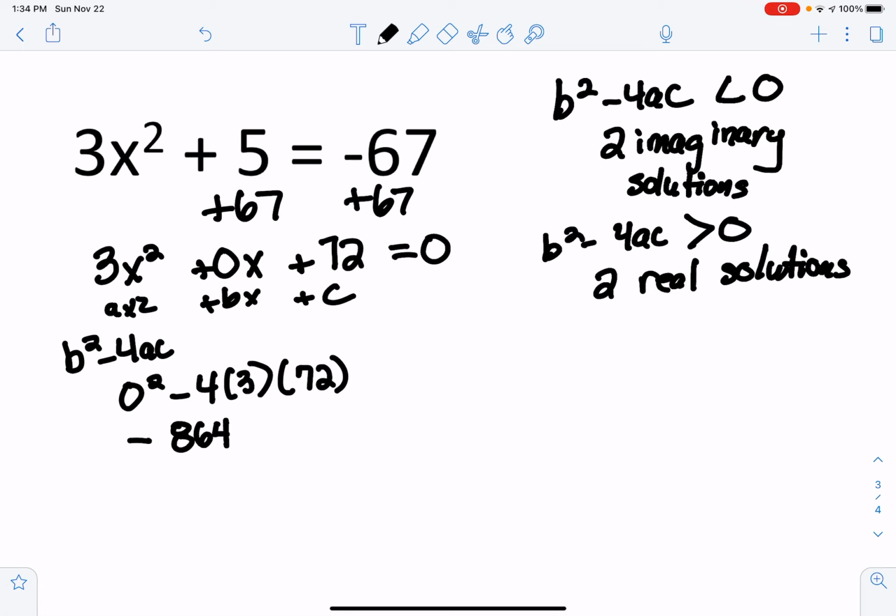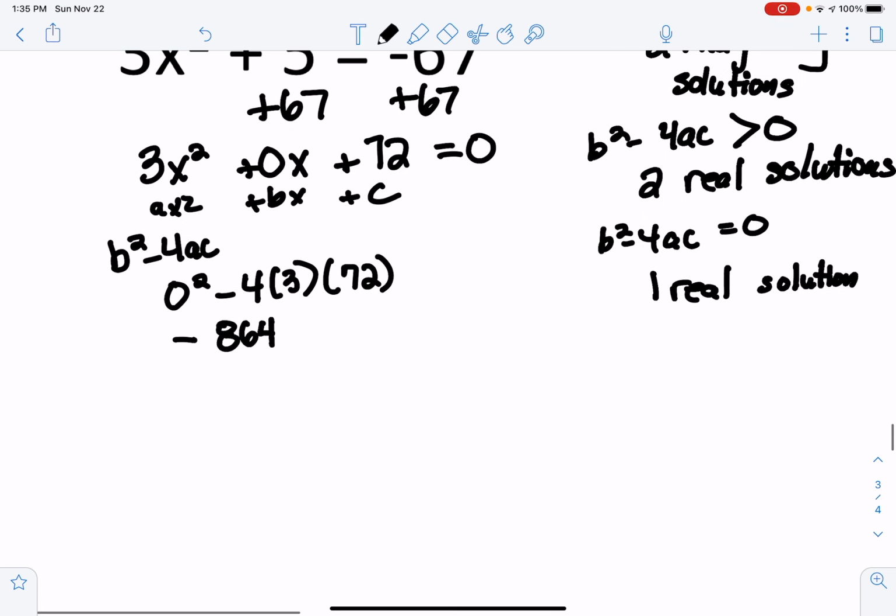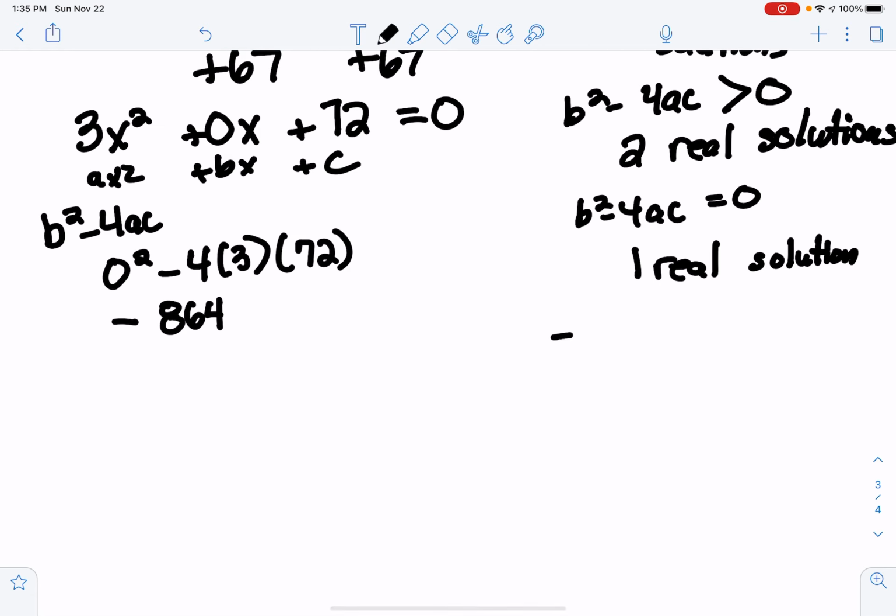And when you have it equal to 0, it's just one real solution. And so in this case, we're going to have two imaginary solutions. And to find them, we're going to substitute into the quadratic formula.